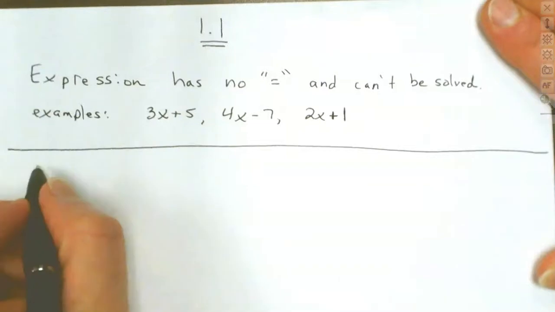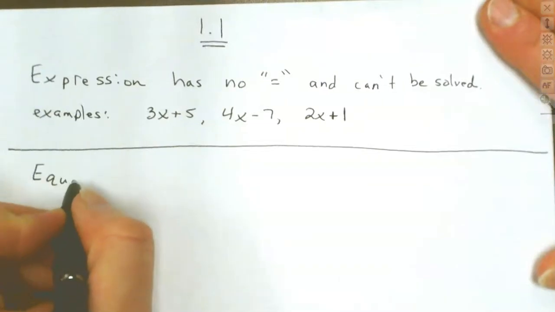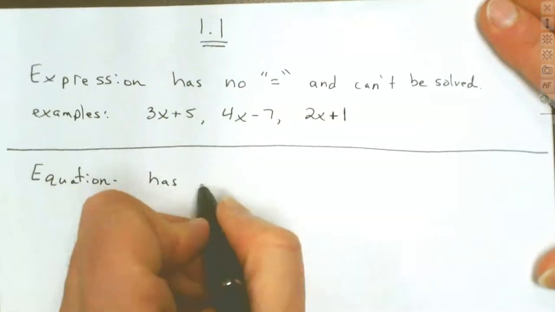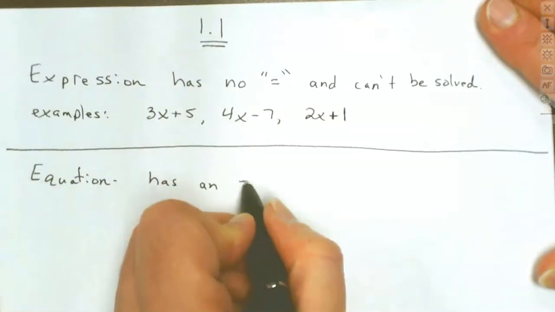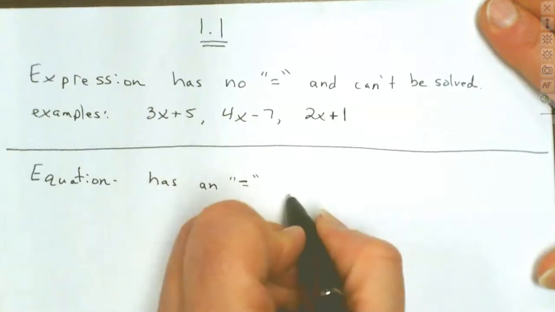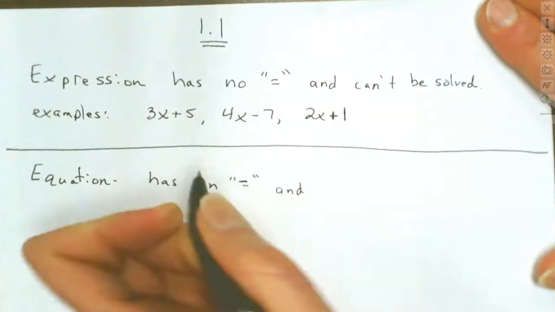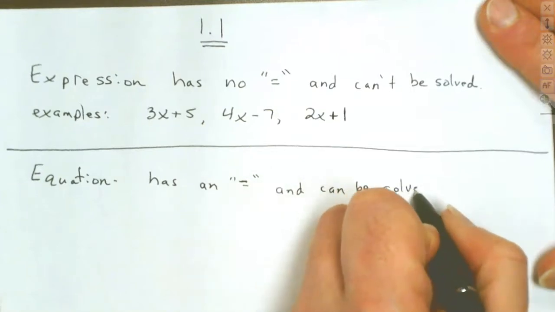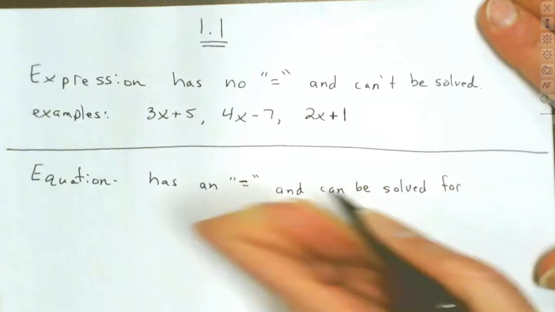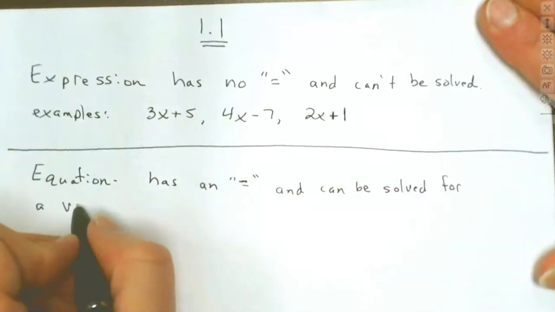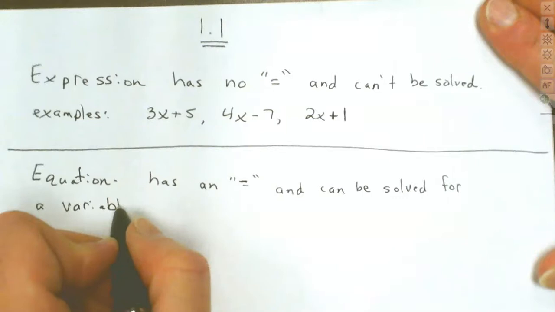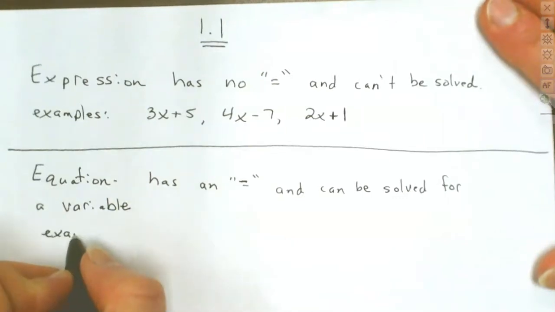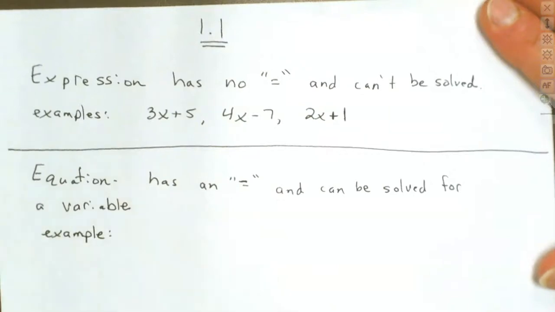Next, we have an equation. And an equation has an equal sign, and it can be solved for a variable. So let's look at a basic example of an equation.